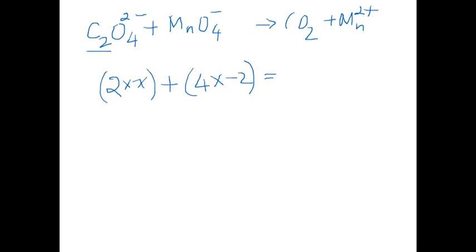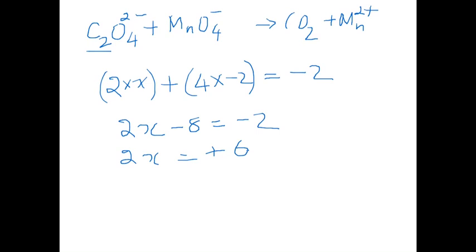The net charge of the oxalate ion is -2. So 2x minus 8 is equal to -2. 2x is equal to plus 6. X is equal to plus 3. So for one carbon atom, the oxidation number is plus 3.